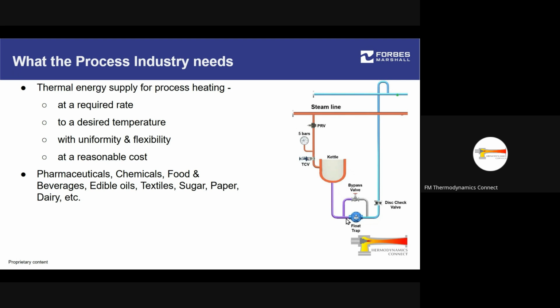And for that, we have what is known as a steam trap. The steam trap is a device which does exactly what the name suggests. It talks about trapping steam. So if steam is coming in, imagine a condition that steam has come into the system and there is no valve here. It is just connected to the outlet.